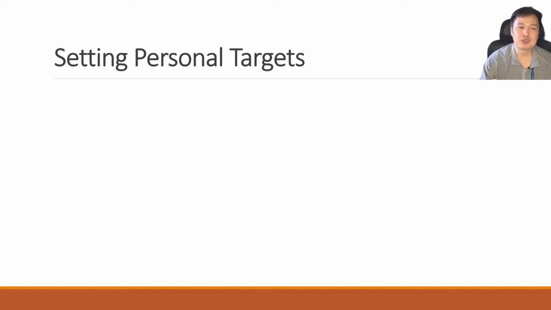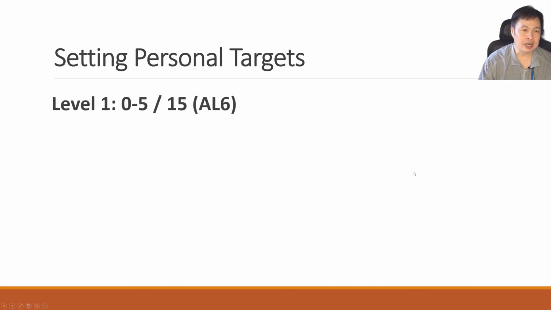So you do have to spend a little bit of time to work on the exercise and come up with correct answers. So let's set some personal targets. Level 1: if you're a beginner, or you are just really bad at the exercise, you can start by trying to aim for up to 5 out of 15.